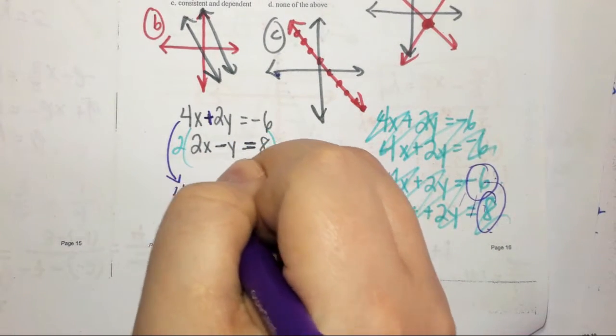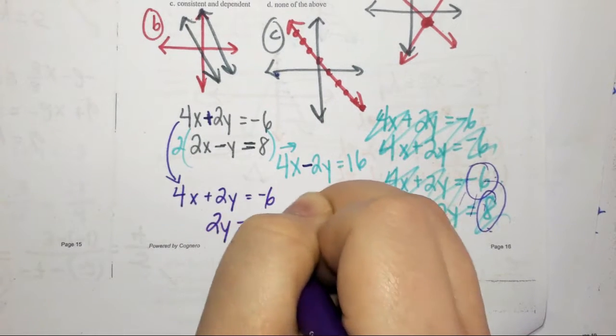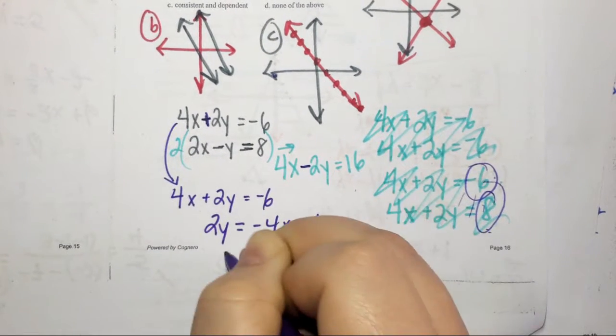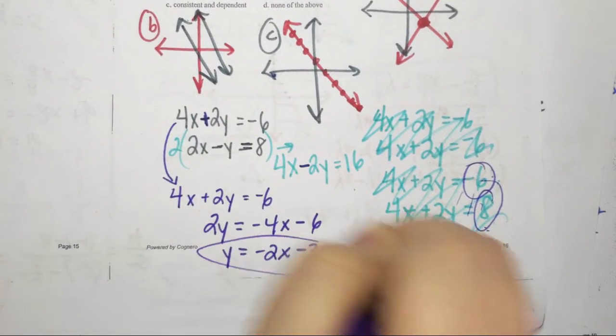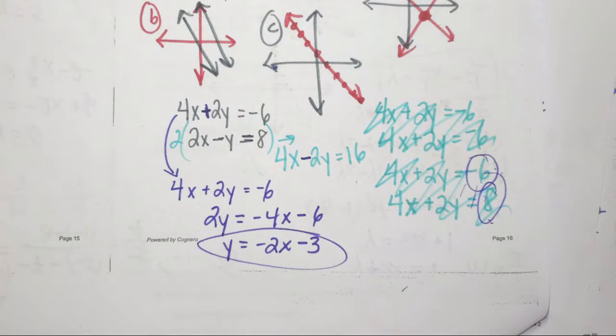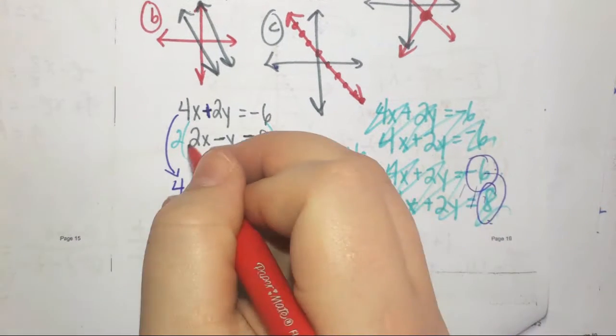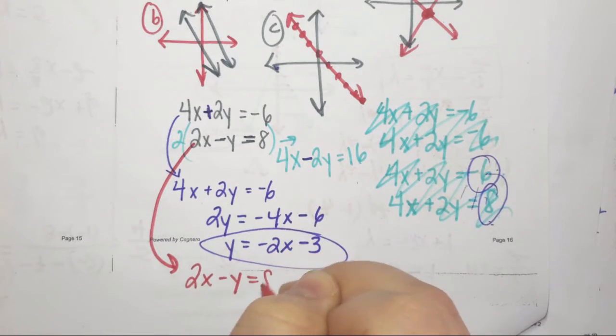So it was 4x plus 2y equals negative 6. So I said 2y equals negative 4x minus 6, y equals negative 2x minus 3. That's one equation. I need to graph it. I also need to graph this one, which used to be 2x minus y equals 8.